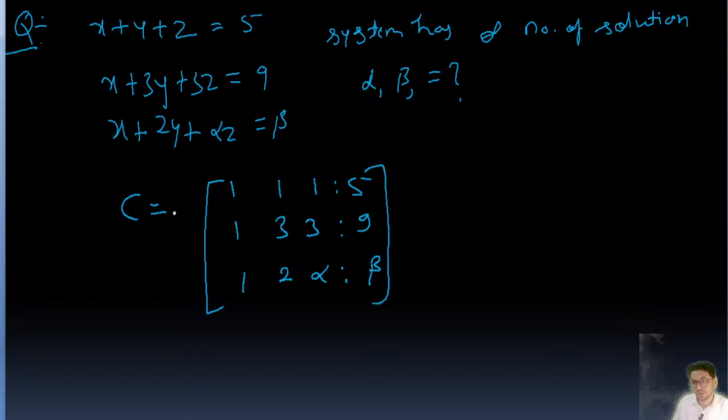So this is the C. C is this one: 1 1 1 5, 1 3 3 9, 1 2 alpha beta. Okay, this is the C.